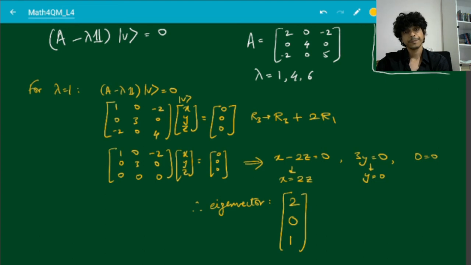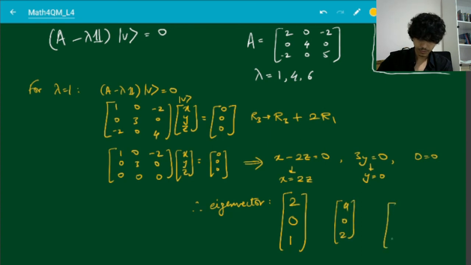Now you will say, why did you take z equal to 1, x equal to 2? Why didn't you take z equal to 2 and x equal to 4? Or why didn't you take z equal to 1.1 and x equal to 2.2? Sure, any of those would work. If any vector v is an eigenvector, then any multiple of that is also an eigenvector.